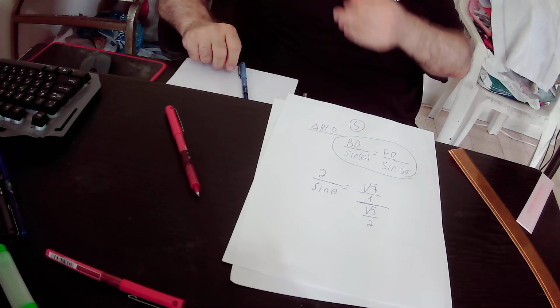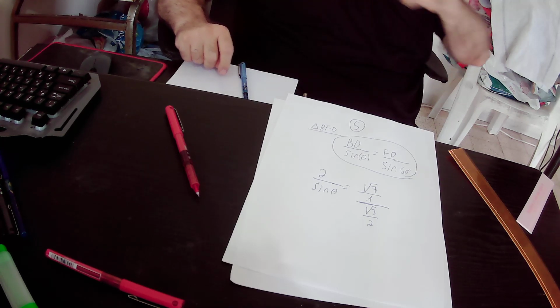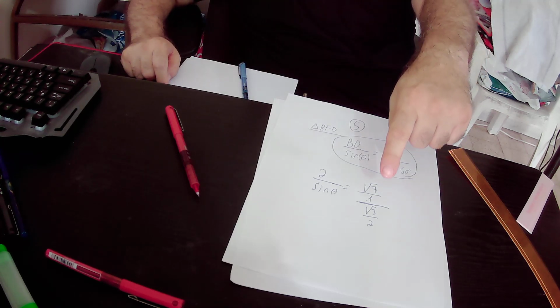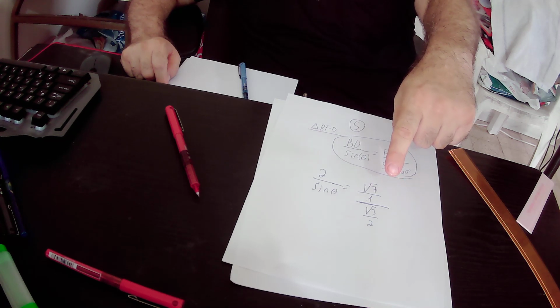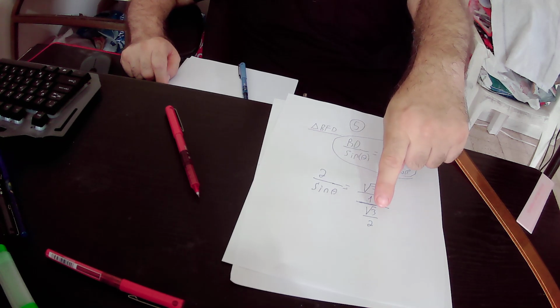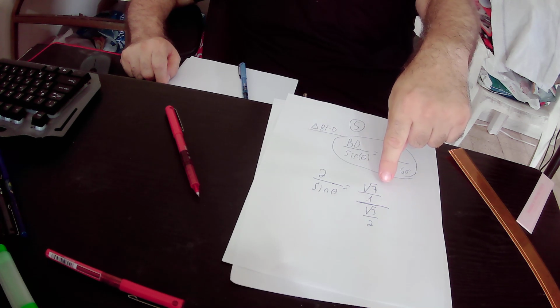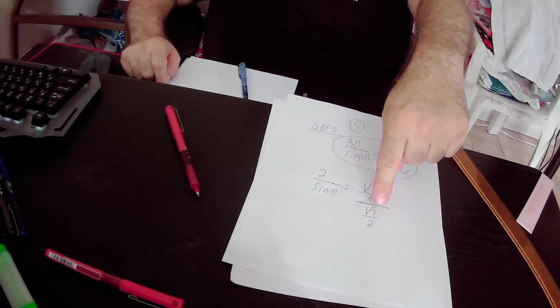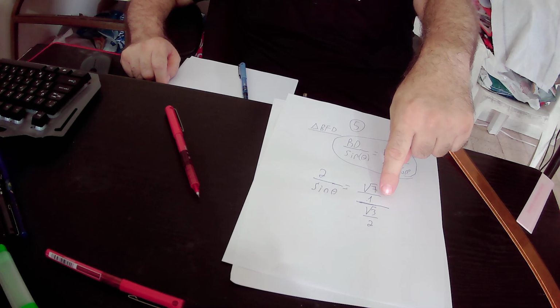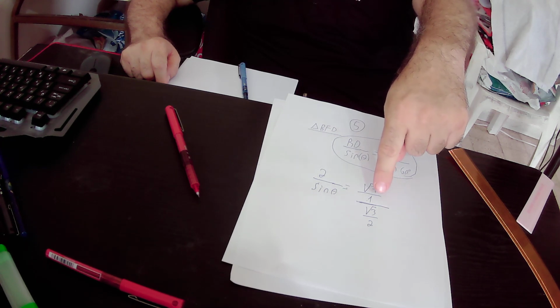Okay, so here we will do the simple arithmetic. We'll put 2 in the numerator and root 3 in the denominator of root 7 over 1.